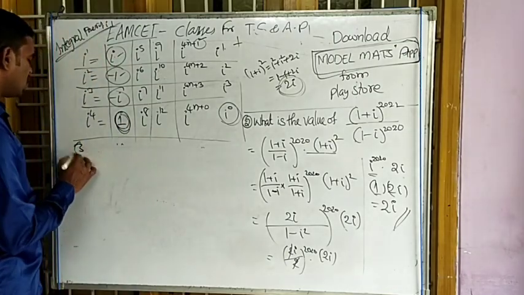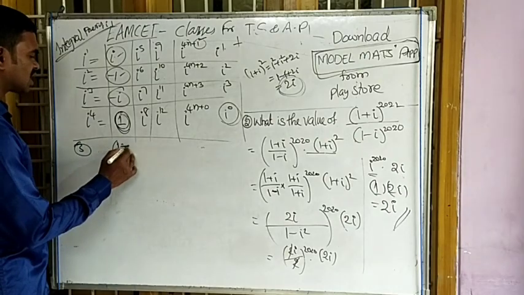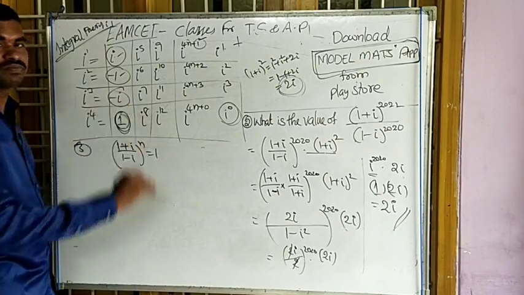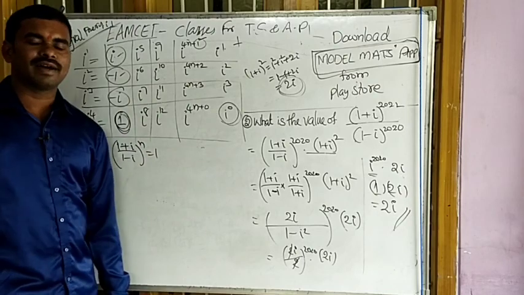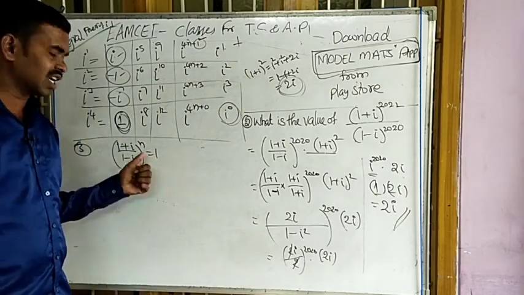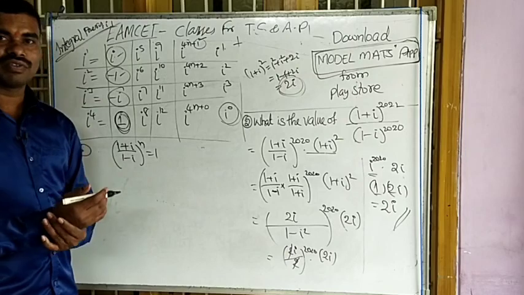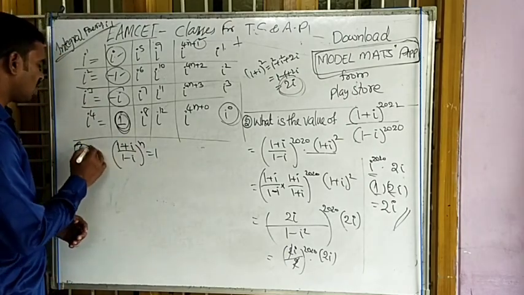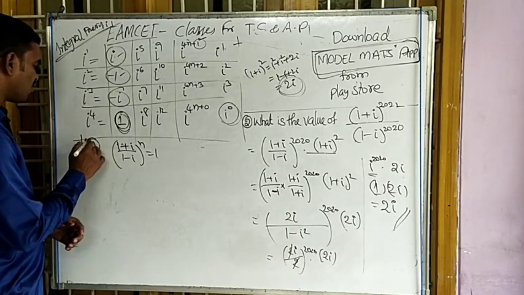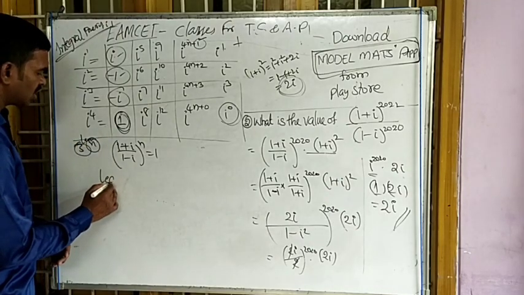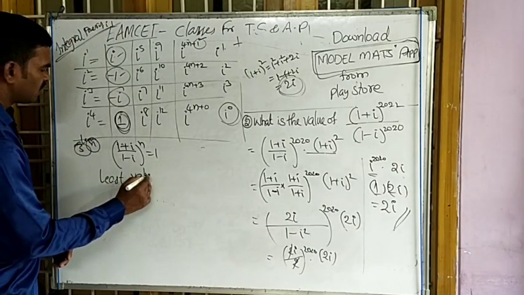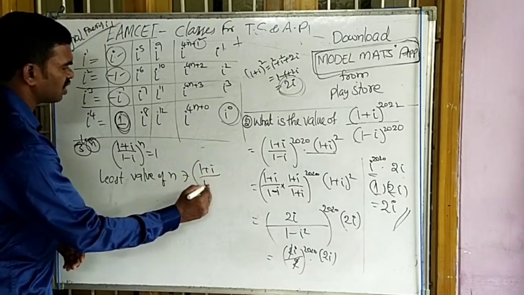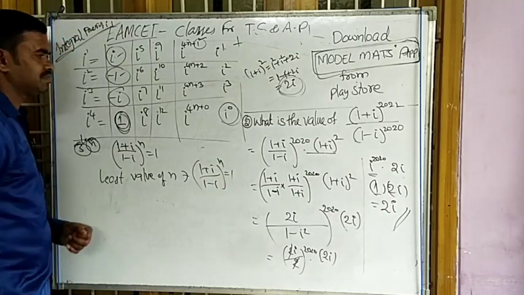What is the least value of n such that (1 plus i by 1 minus i) whole power n is equal to 1?